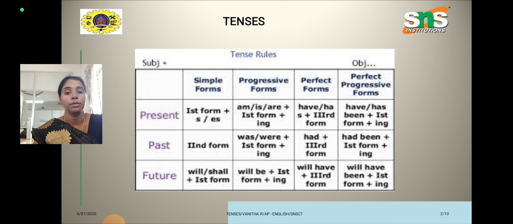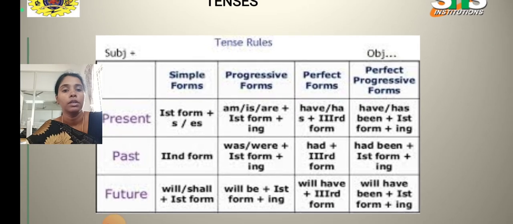Here is a small tabular column where you can see the verbs that we are using. I'll zoom in. Here you can see for the past, present, and future the forms of verbs we are using.